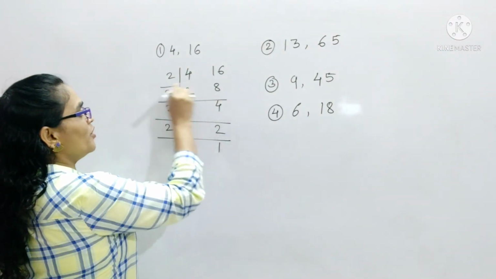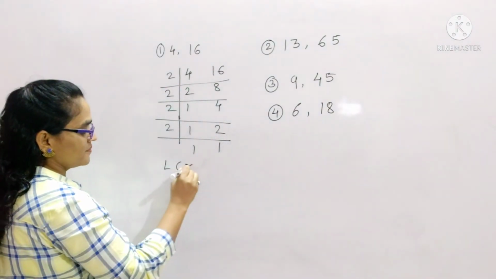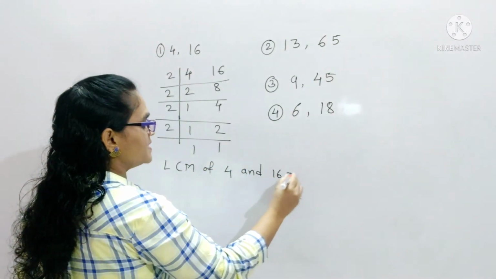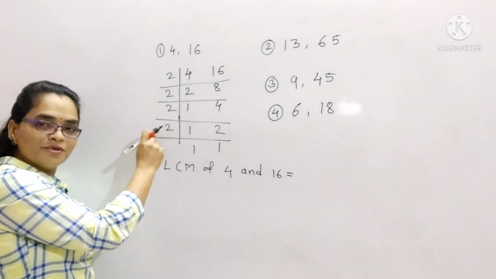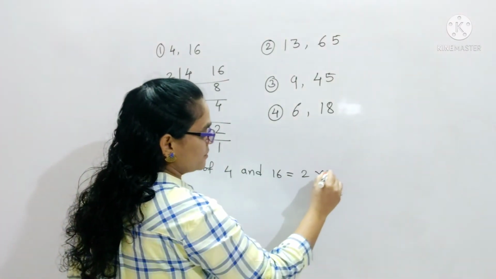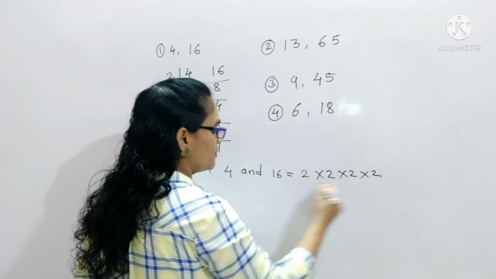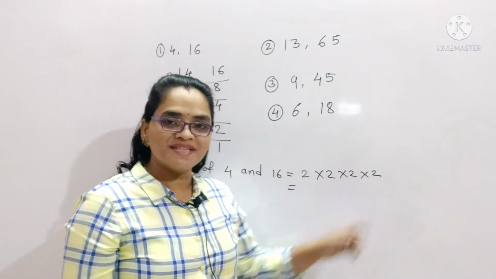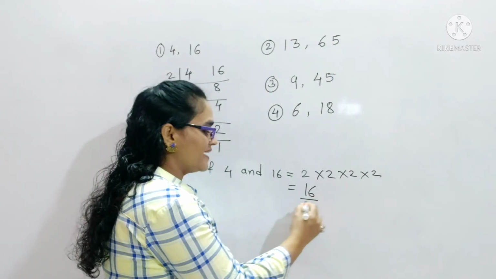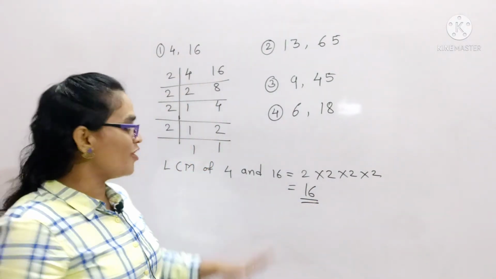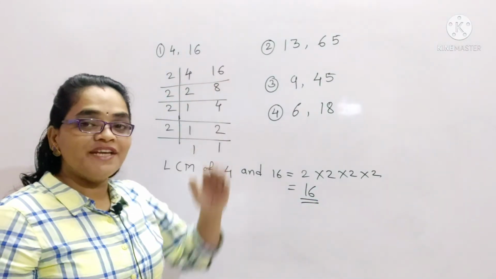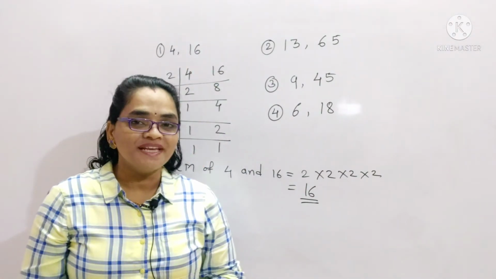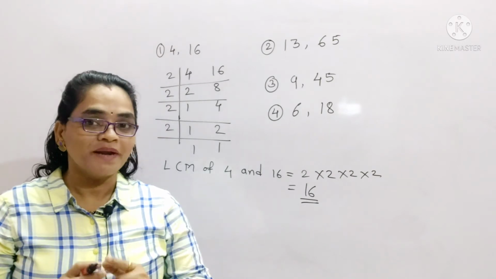So the LCM of 4 and 16 is 2 into 2 into 2 into 2, 4 times, and find its product: 2 2s are 4, 4 2s are 8, 8 2s are 16. 16 is the LCM of 4 and 16. And if we observe the given numbers 4 and 16, 4 is a factor of 16, not a prime factor.